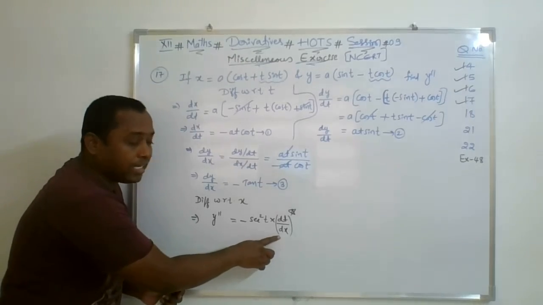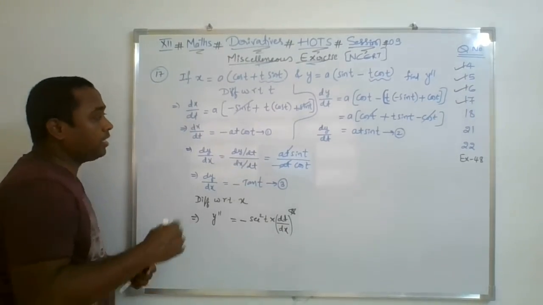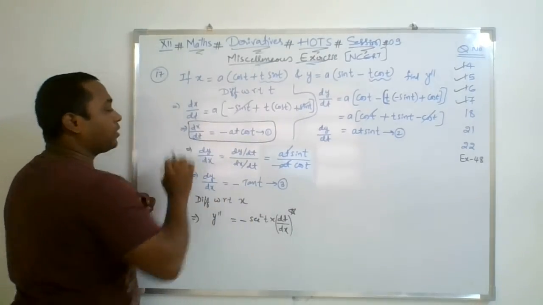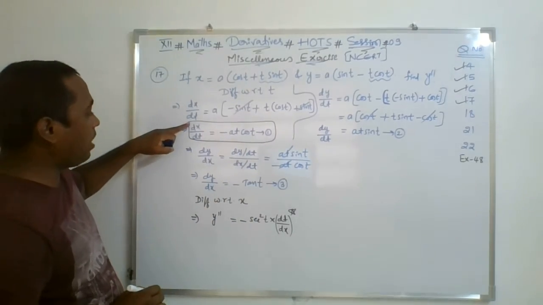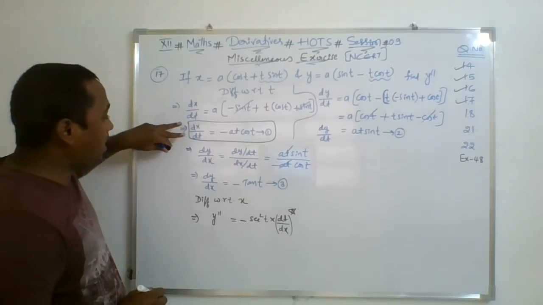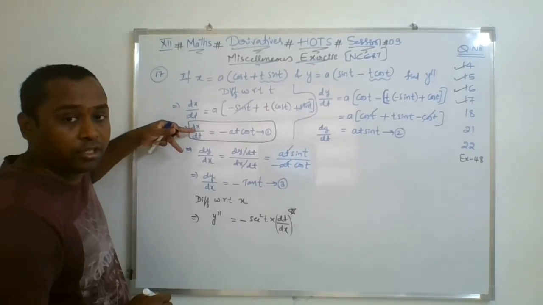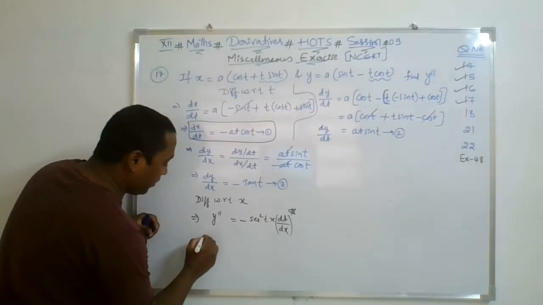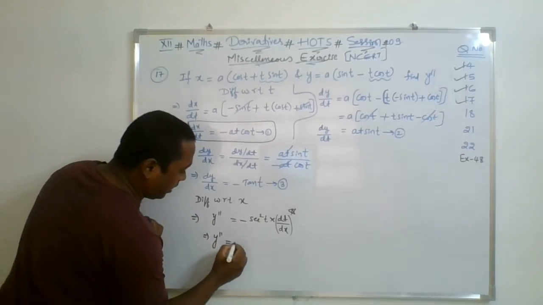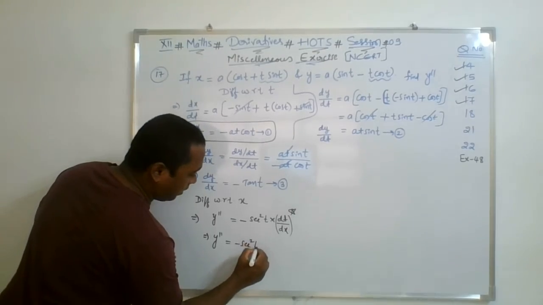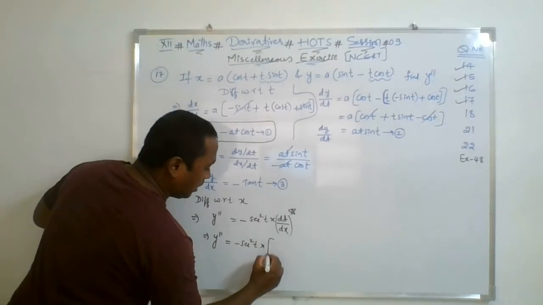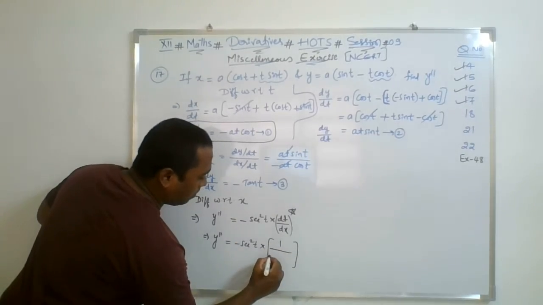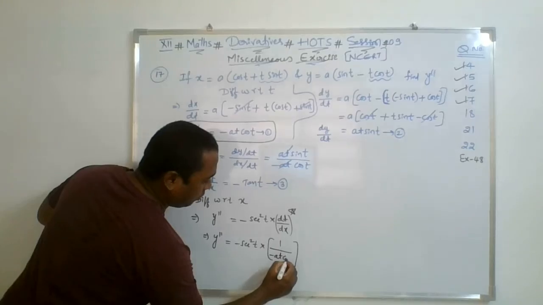So you require dt by dx, and where will you get it? This dt by dx comes from equation 1. In equation 1 we have dx by dt. By reciprocating this differential coefficient, you will be able to get it. So from result number 1, I can replace it: minus sec square t into 1 upon minus a t cos t.